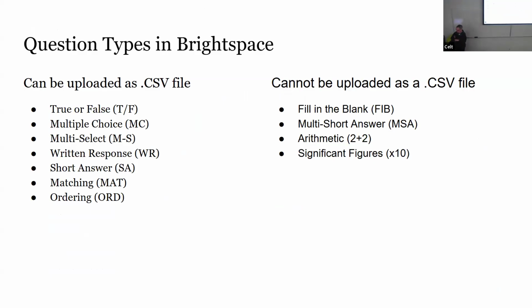I've broken them into two groups because for this group on the left, D2L Brightspace acknowledges a way for you to create a comma-separated values text file and upload any of these formats: true/false, multiple choice, multiple selection, written response, short answer, matching, ordering. I want to highlight written response is not auto-graded. All of the rest of these question types can be auto-graded.